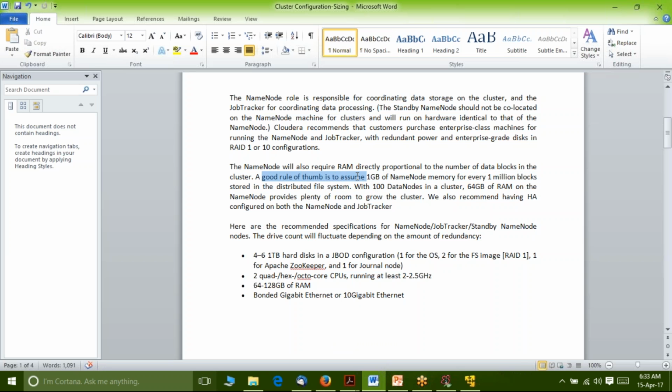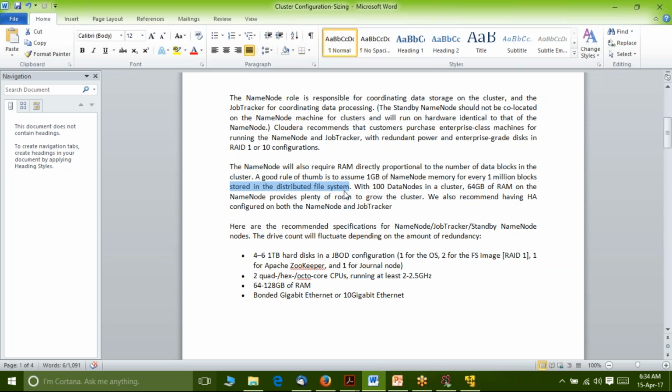A good rule of thumb is to assume 1 GB of name node memory for every 1 million blocks stored in the distributed file system. Based on that, we decide the size of the memory, the RAM, of the name node.